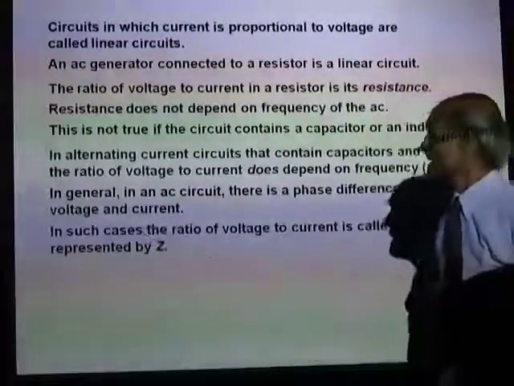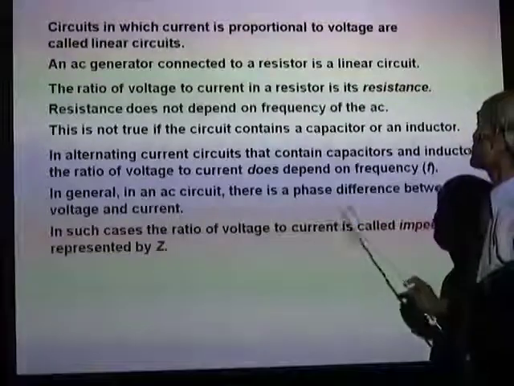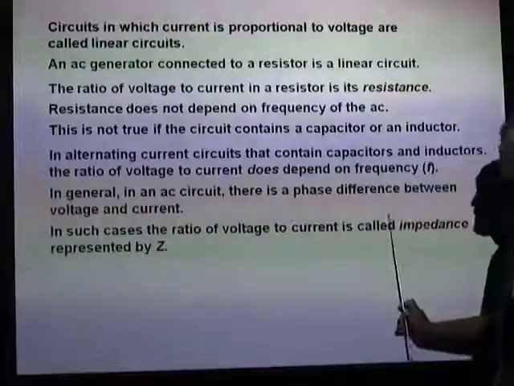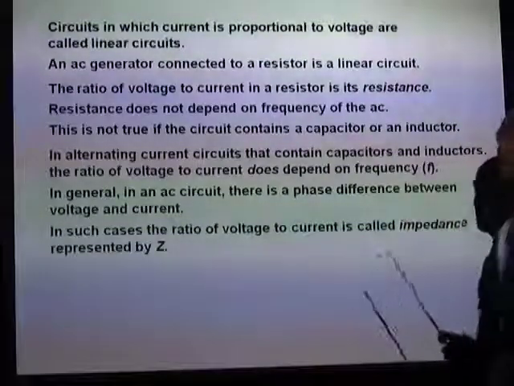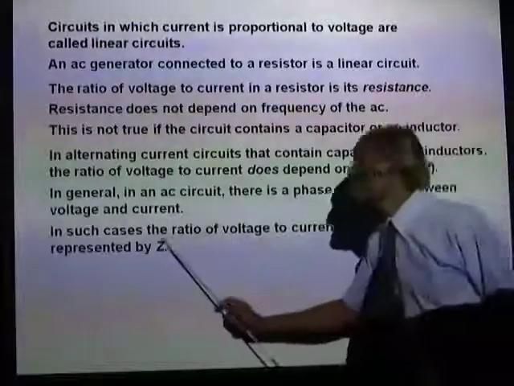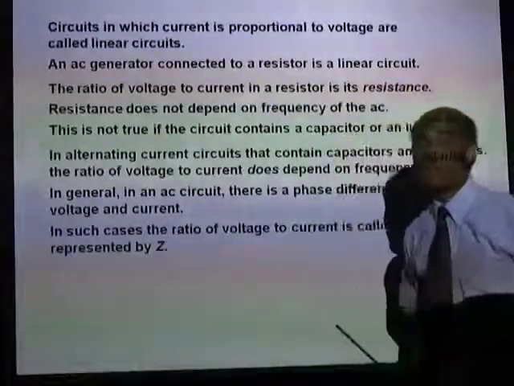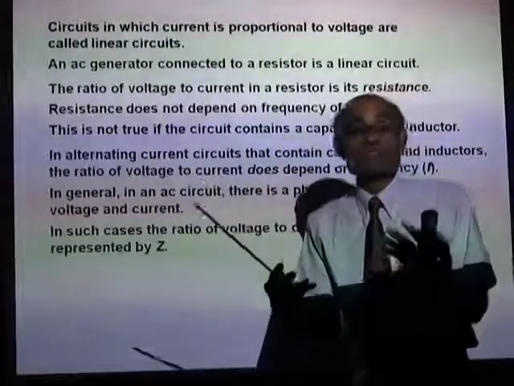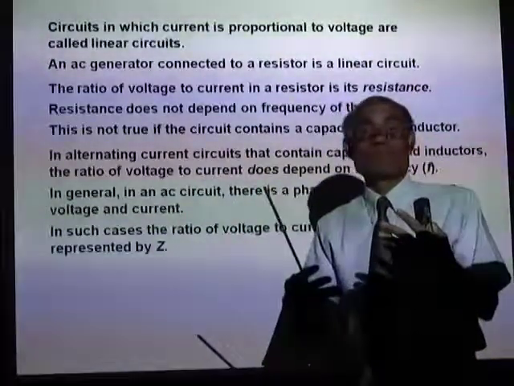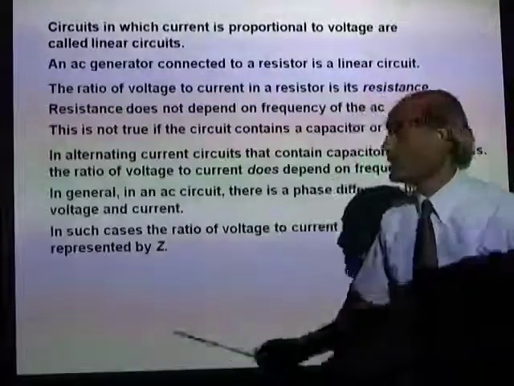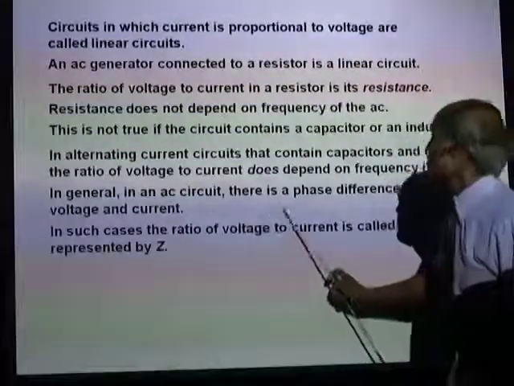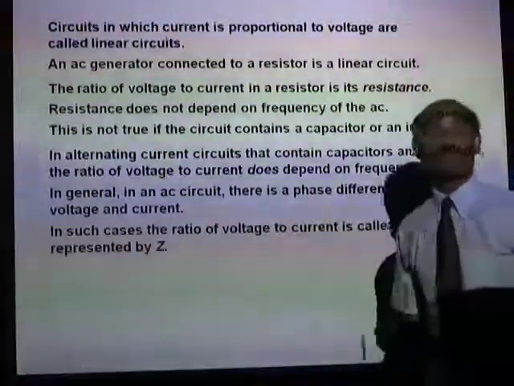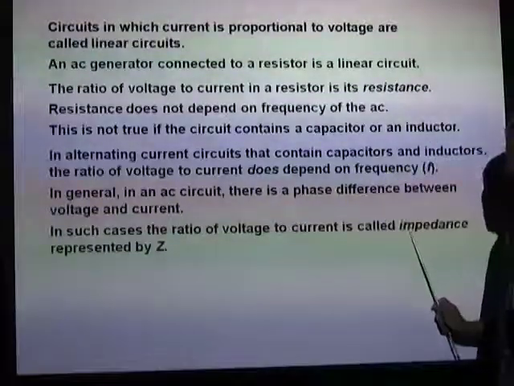Now, in such a case, the ratio of voltage to current is called the impedance of the circuit, and we represent that by Z. So, in the case where there is a phase difference between voltage and current, you will not call the ratio of voltage to current resistance, but we call it impedance.